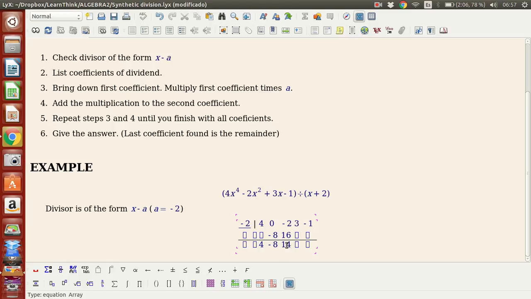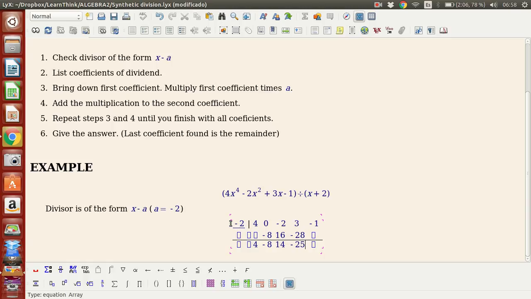Now multiply 14 times negative 2, negative 28. Negative 28 plus 3 is negative 25.